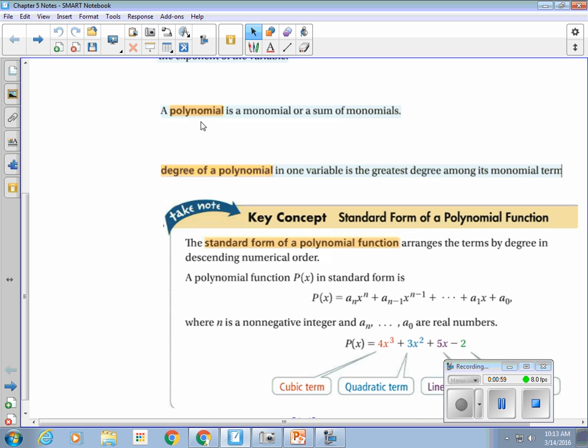A polynomial, our root word being poly, meaning many or multiple. A polynomial is a monomial or sum of monomials. So a monomial can be a polynomial.